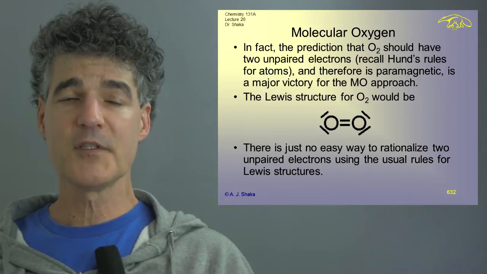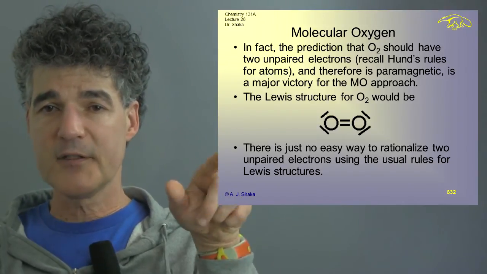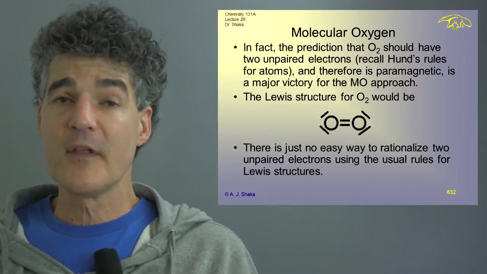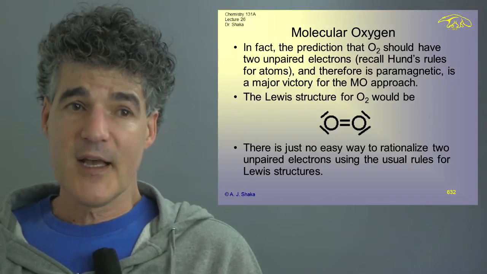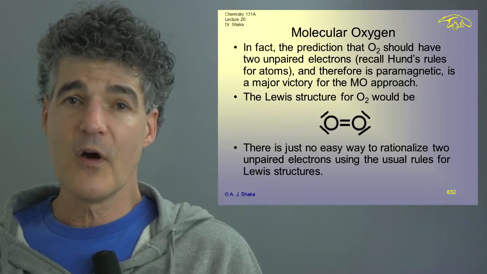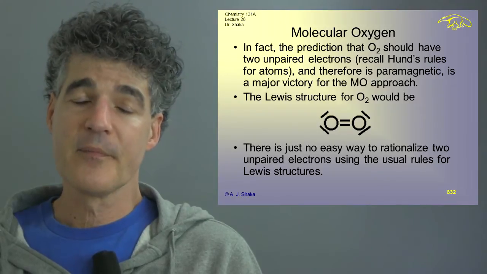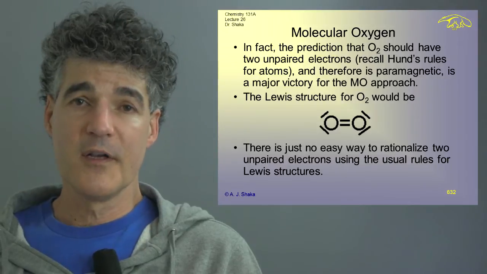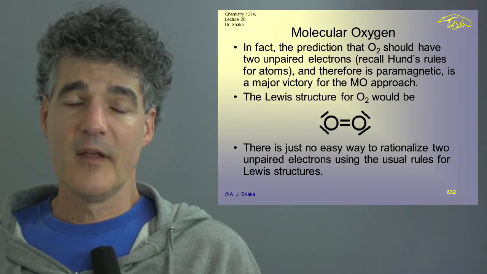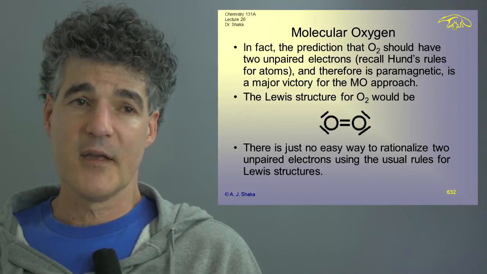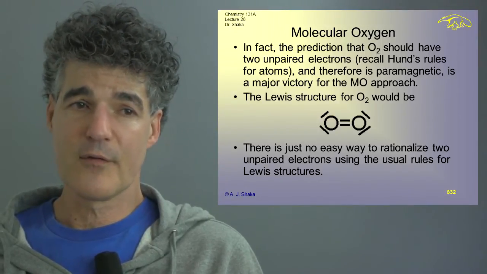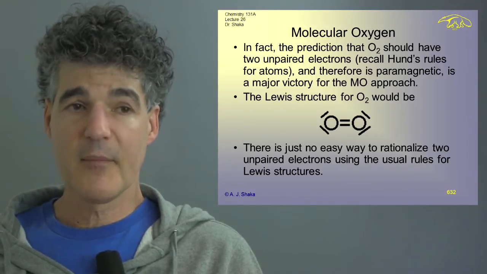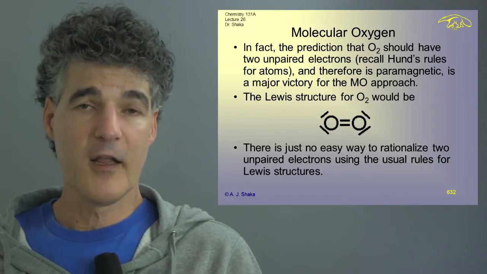If we draw the Lewis structure, we draw pairs of electrons, the oxygen, a double bond in between. We find out that, of course, the octet rule is satisfied, everything's hunky-dory, but there's no way we can look at that structure and say that it's going to have a completely different magnetic property or different reactivity than another molecule that has the same kind of Lewis structure with either 3 lines like nitrogen or fluorine, and both of those, of course, are diamagnetic just because the orbitals happen to fill up that way.